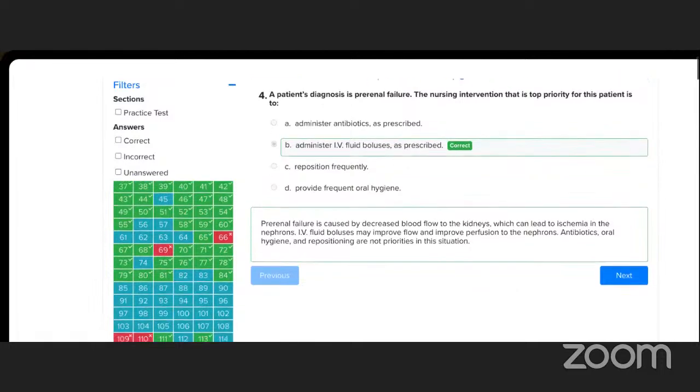Pre-renal failure is caused by decreased blood flow to the kidneys, which can lead to ischemia in the nephrons. IV fluid boluses may improve flow and perfusion to the nephrons. Antibiotics, oral hygiene, and repositioning are not top priorities in this situation.